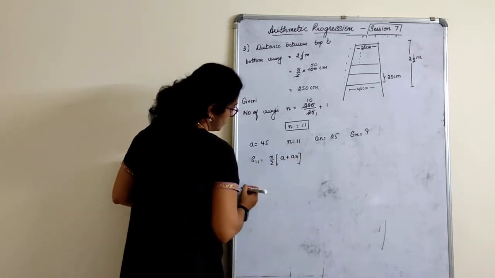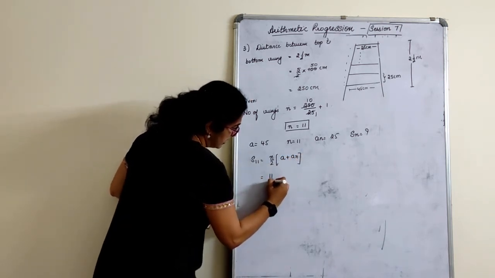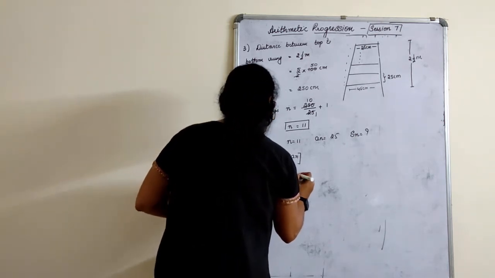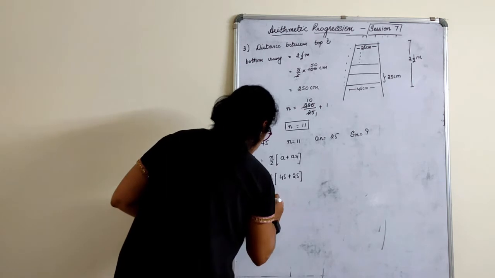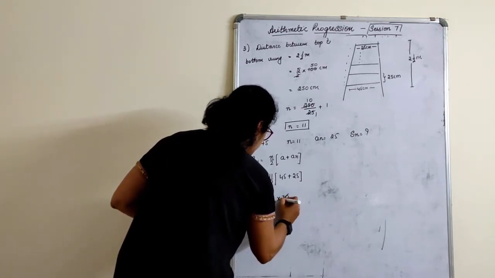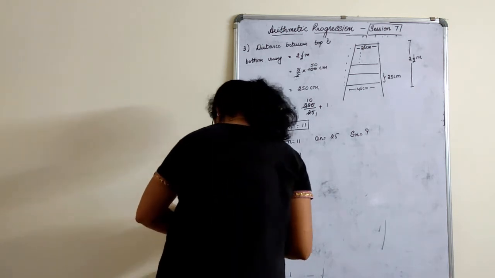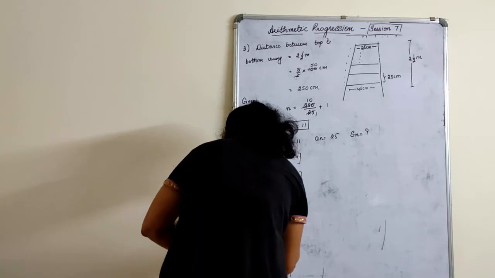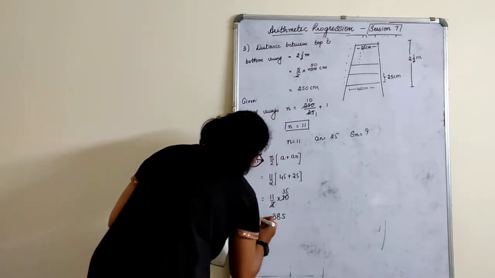So 11 by 2 into 45 plus 25, 11 by 2 into 70, 35. So 11 into 35 is equal to 385.